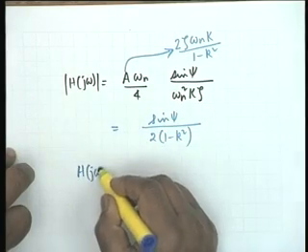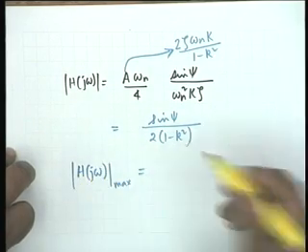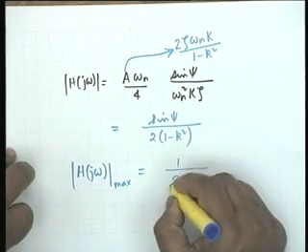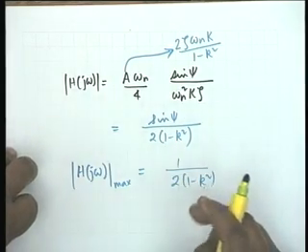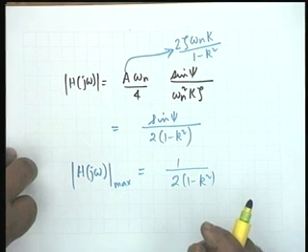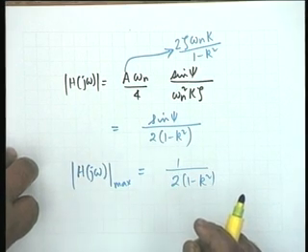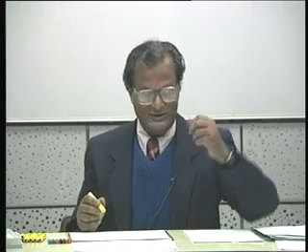And of course, the maximum h of j omega max occurs when psi is pi by 2. So, this is 1 by 2 times 1 minus k squared, and the half power points shall occur when psi is pi by 4. Psi is pi by 4, and you can draw the half power circle in exactly the same manner as we did earlier.